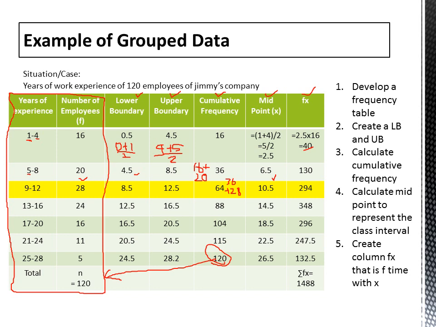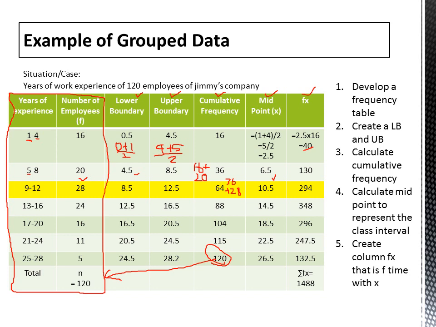The next column that you need to add is cumulative frequency. For your information, this is what you need to do first before we move to the calculation of mean, median, and mode, because it is very important in order to put in the formula.